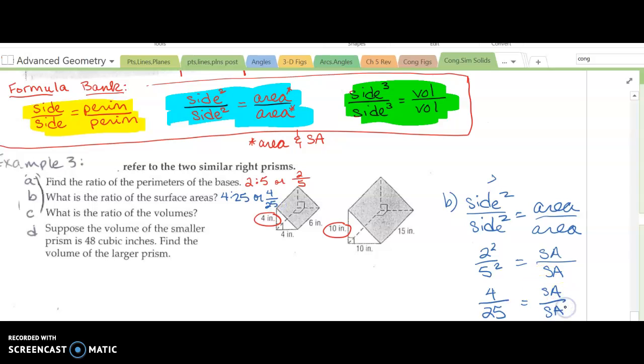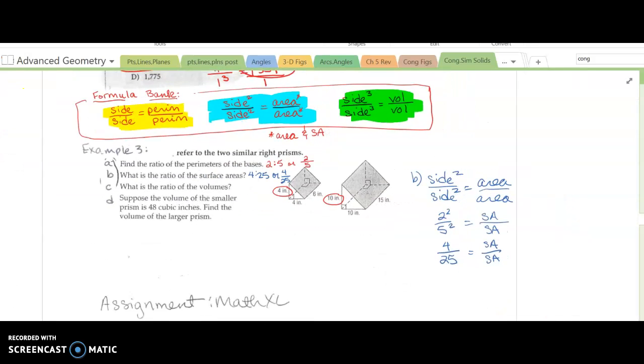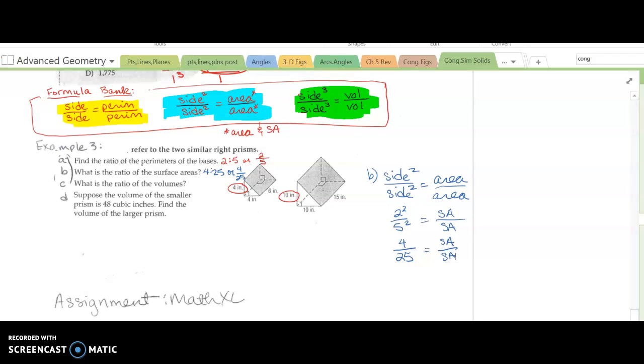All right, then for part C, the volume ratio, we're going to use this third version, that side cubed to side cubed equals volume to volume.